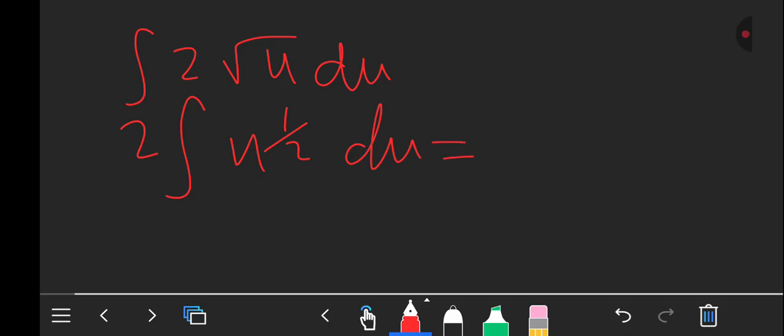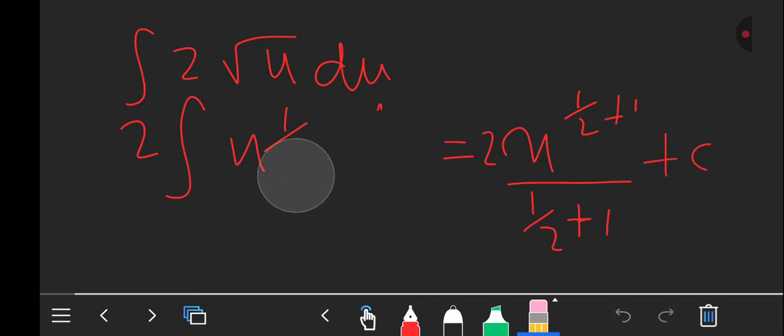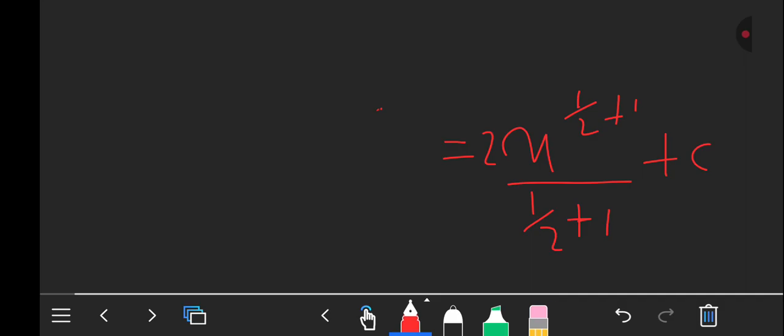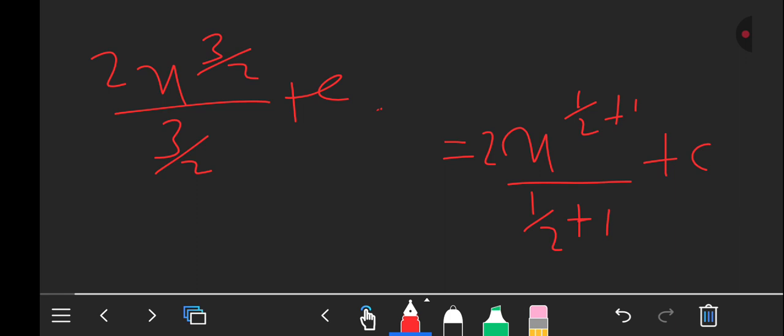So this is the same as 2 multiplied by u to the power half plus 1 over half plus 1, then plus c. So what are we going to have? 2 u to the power 3 over 2, over 3 over 2, then plus c.